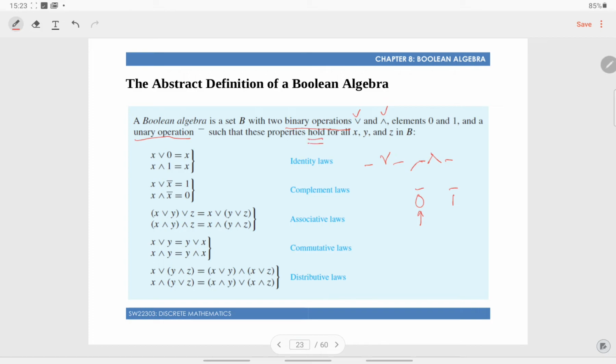So we have the identity law, complement law, associative law, commutative law, and distributive law. You can get this list from any discrete mathematics book when discussing Boolean algebra.